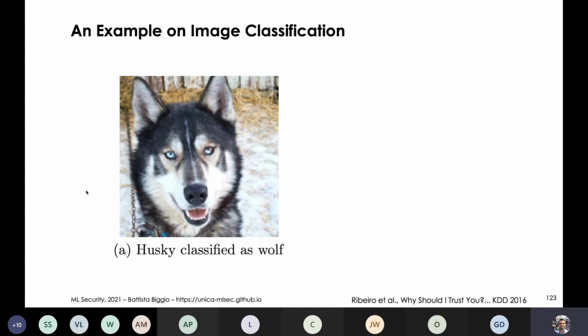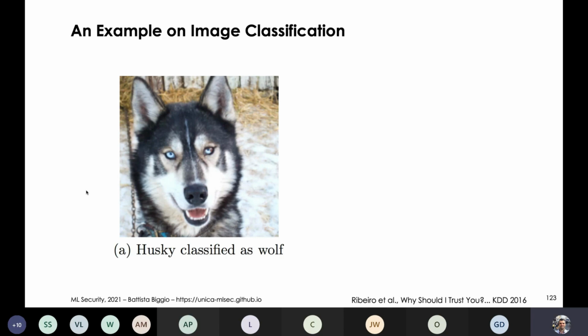But here, for instance, you have a husky, which is classified as a wolf. Despite the two animals being quite similar, this is misclassified as a wolf.